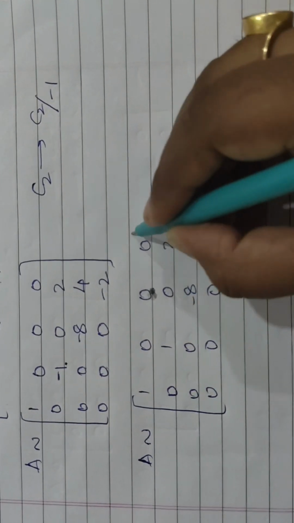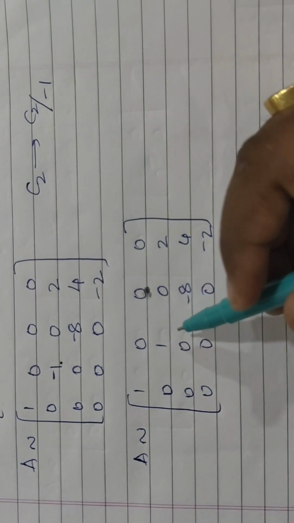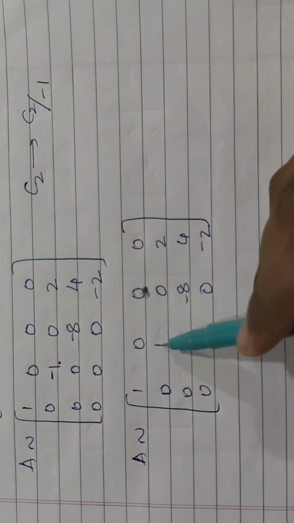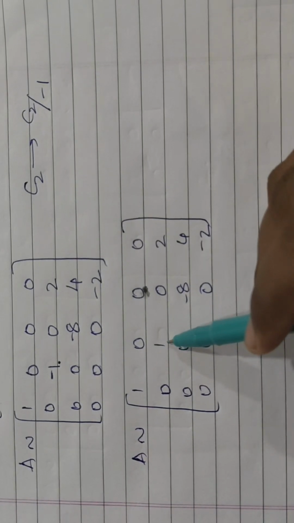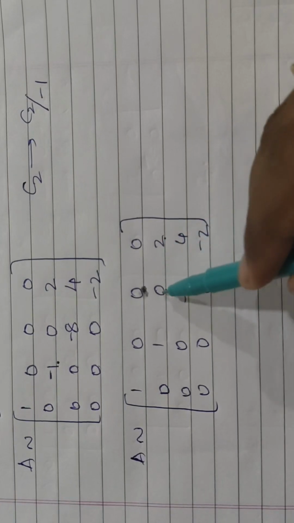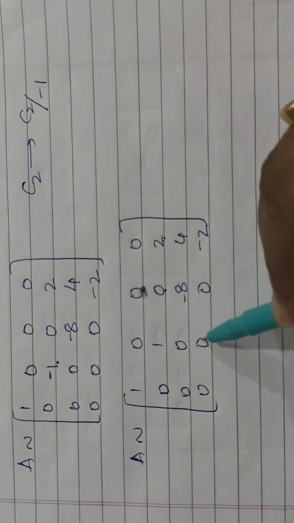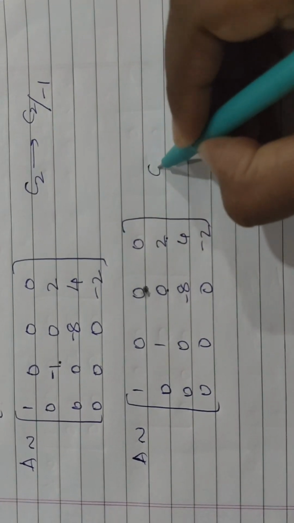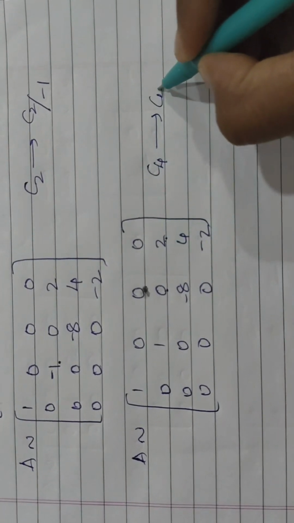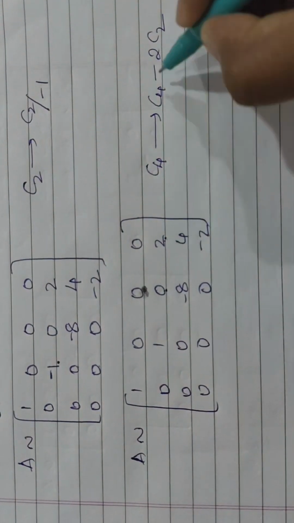Now in the second step of the normal form, we'll move to the second row, second element, and that is 1. Here we'll make this and this element 0. But this is already 0. So we'll make this element 0 using C2. The transformation will be for C4, C4 changing to C4 minus 2C2, as we are having plus 2 here.